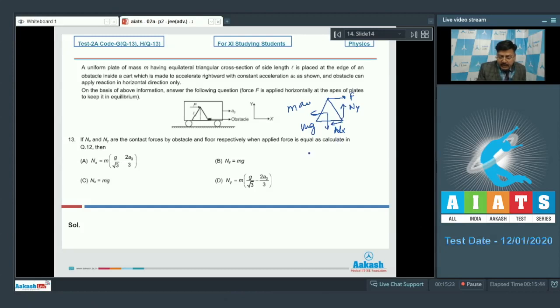So it's very clear that Ny is equal to mg, and Nx is equal to F minus ma0, because then ma0 plus Nx is F. So Nx is equal to F minus ma0, and in the previous question we found the value of F. If we put that value of F, we find that Nx is equal to m into g by root 3 minus 2a0 by 3.